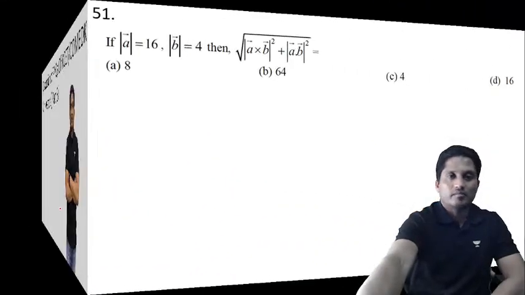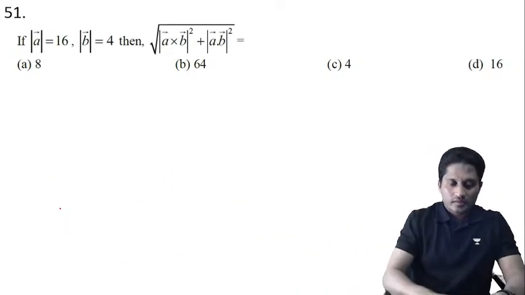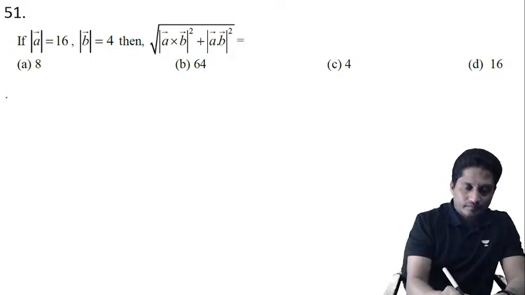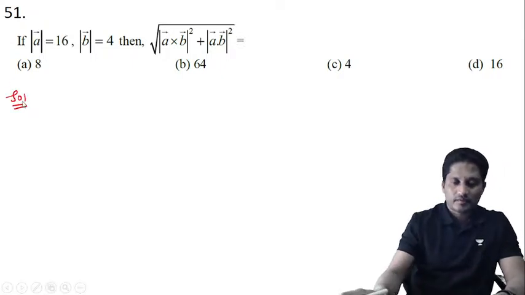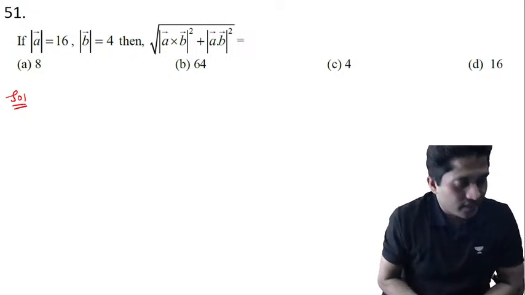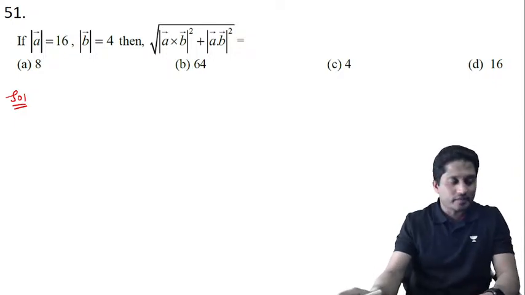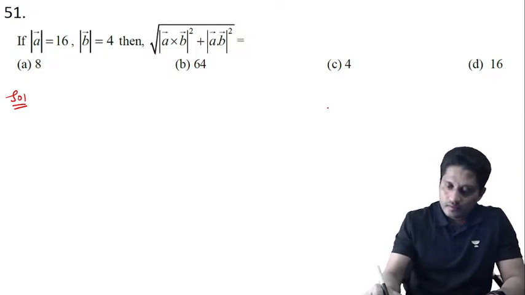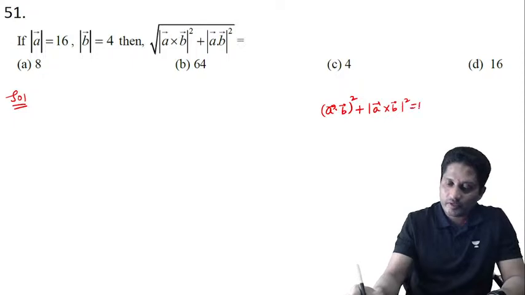Let us start guys. Question number 51. There's a Lagrange's identity: when you have (a dot b) the whole square plus (a cross b) the whole square, it is equal to mod a square into mod b square.